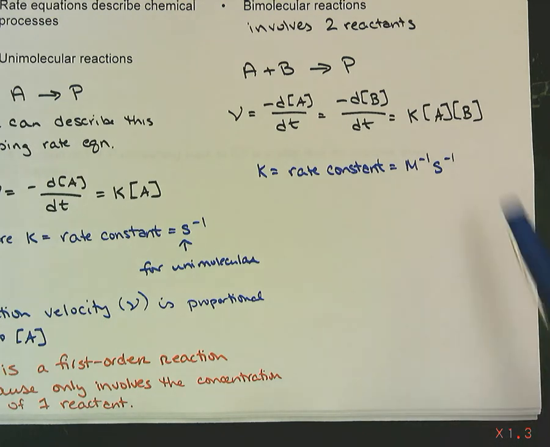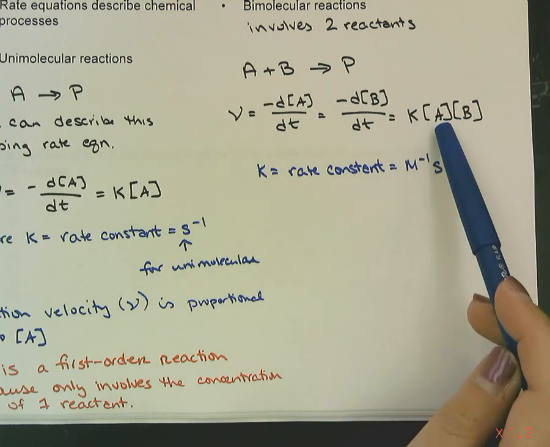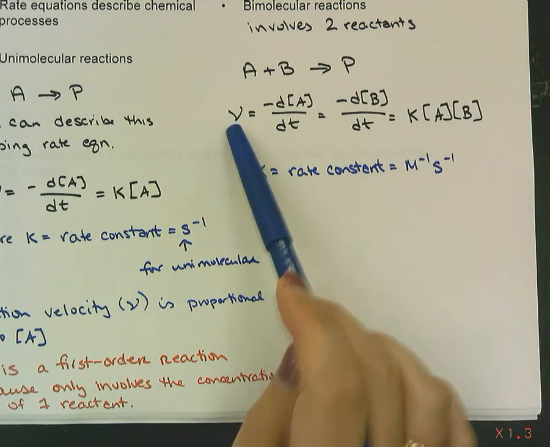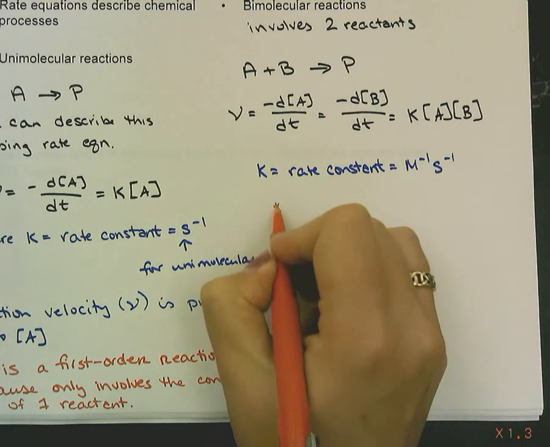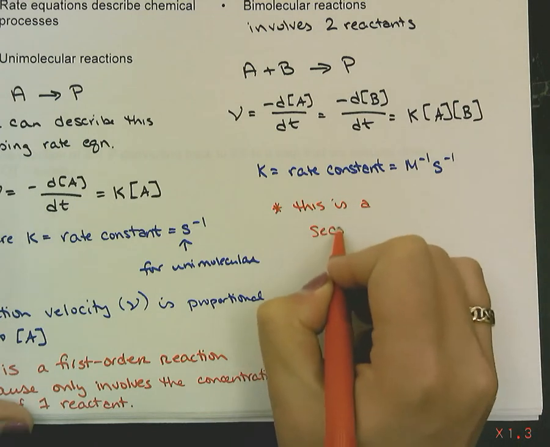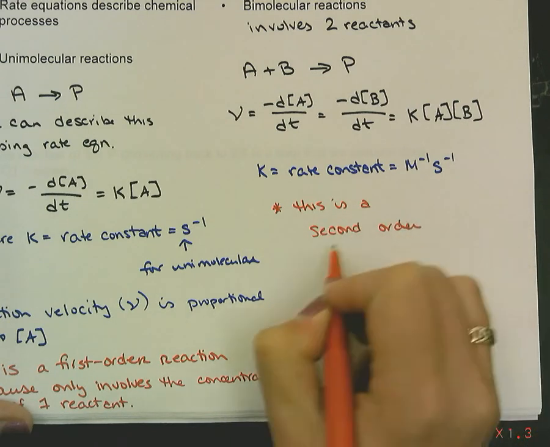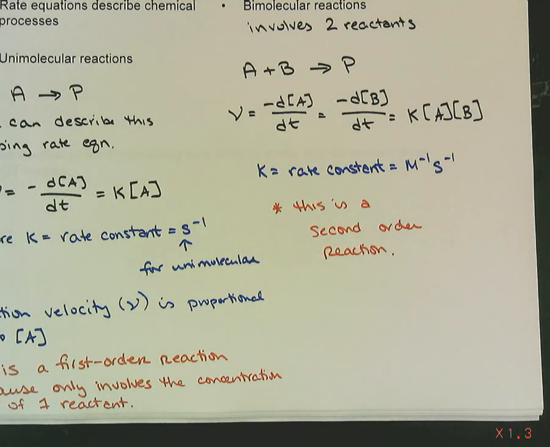Because there's an extra concentration factor in here that we'll have to cancel out. Any guesses on what I would call this type of reaction? Second order reaction, that's a good guess. Because it involves 2 reactants.